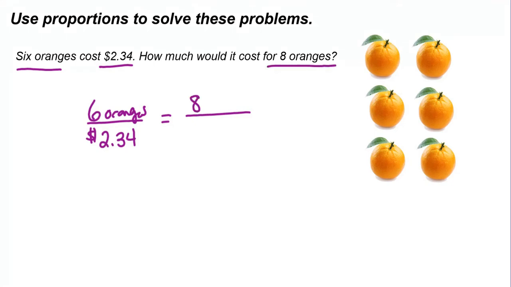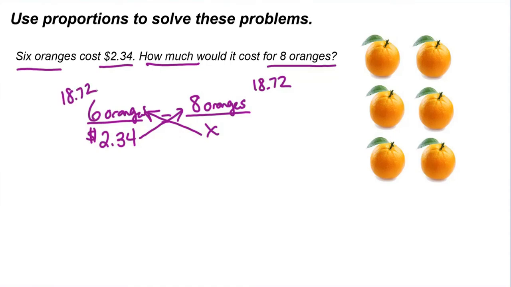I have oranges in the numerator, so I'm going to keep oranges in the numerator: 8 oranges, and I don't know the cost, so I'm going to put an x there. How much would it cost was the question. So here I have a proportion, 2 equal ratios, and now I'm going to use cross products to solve this. I'm going to take 2.34 times 8, which is 18.72, and x times 6 also has to be 18.72, since I know their cross products have to be the same thing.